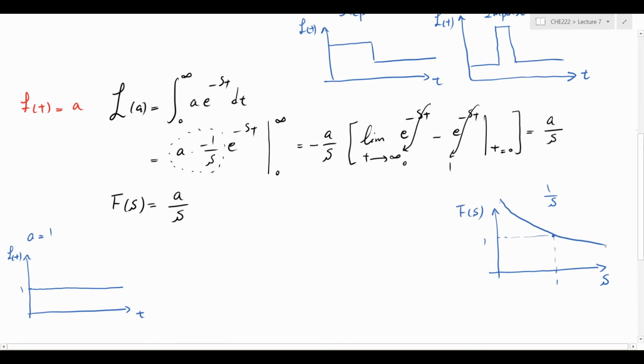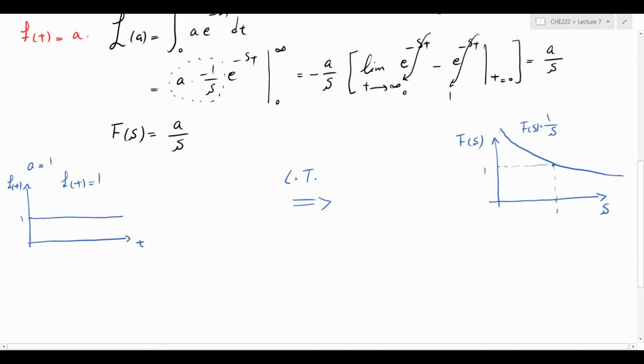And as s approaches infinity, F(s) approaches 0. So the Laplace transform of f(t) equals 1 is F(s) equals 1 over s.